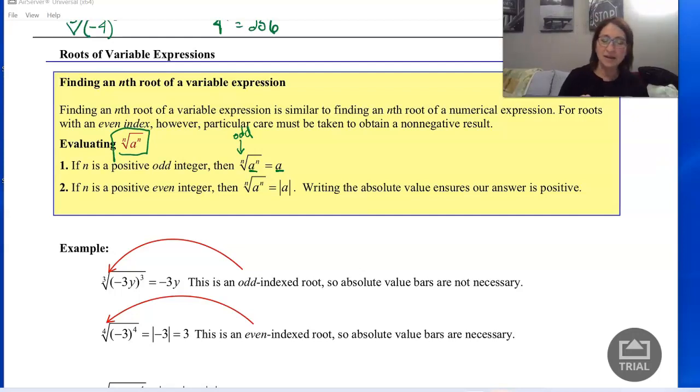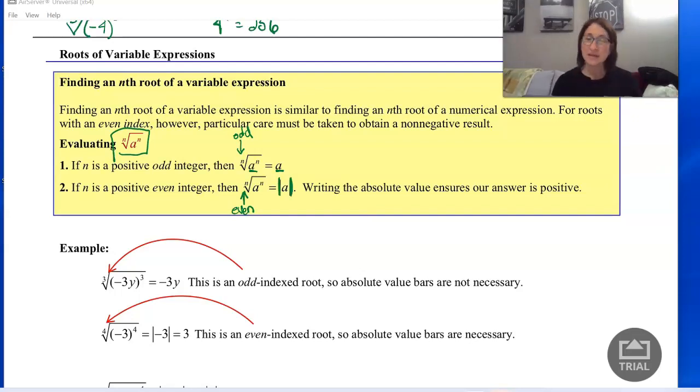If n is even, so if my index is even, then in order to make sure that I have a positive root, I would need to use absolute value signs.